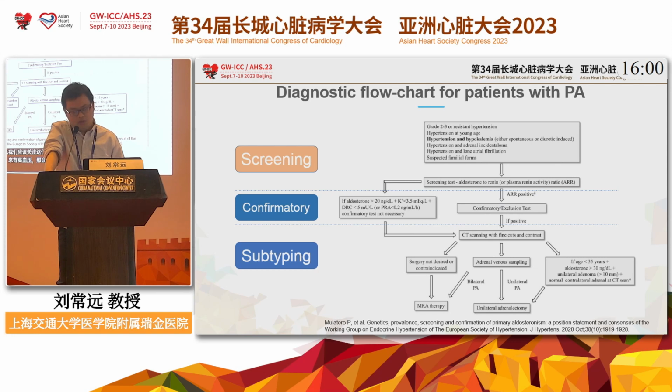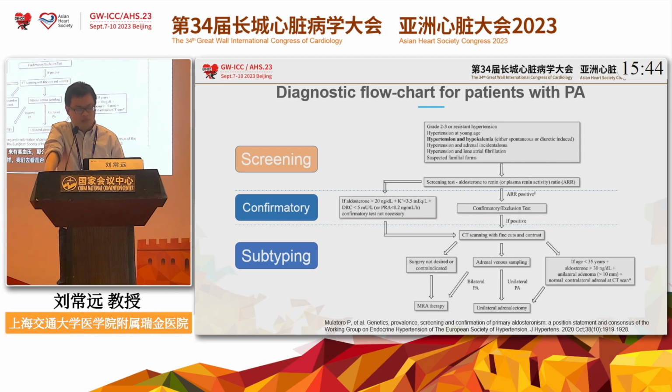Now we use the ARR, meaning aldosterone to renin ratio, as an indication for the screening test to find the candidates who may have PA.